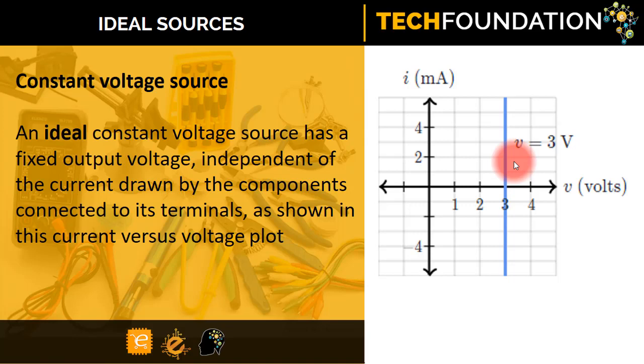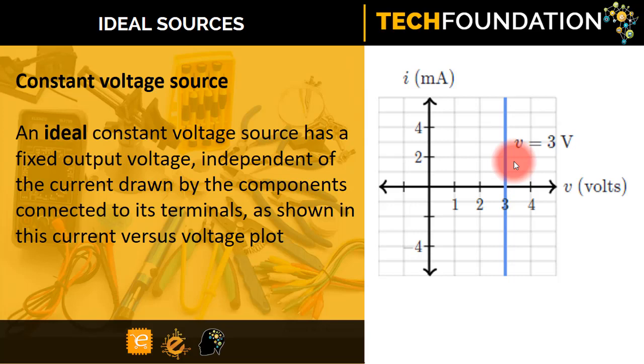Now, for this to happen, it means that the source, which is the voltage source, should have a zero internal resistance, which is practically impossible. When the source has a zero internal resistance, then it means there will be no voltage drop within the source itself. So all the voltage will appear across the load.